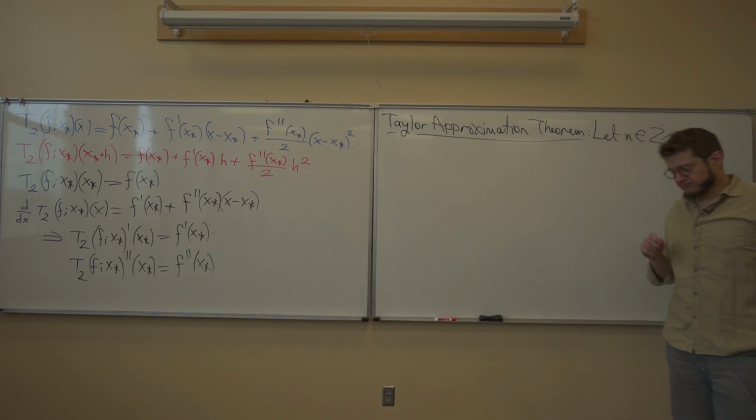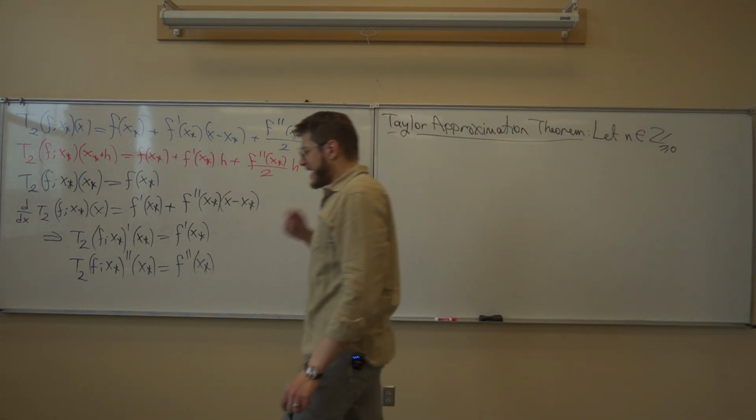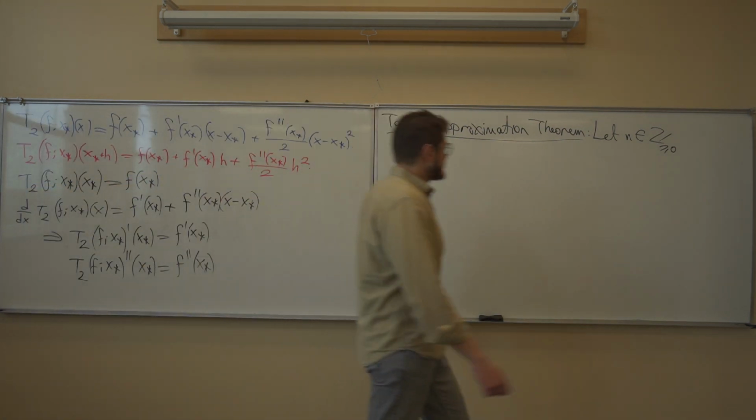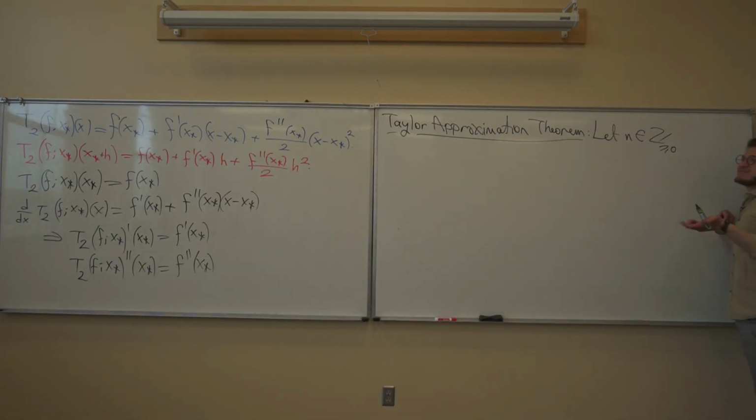Fix an n, non-negative integer, and let f be Cn. N times differentiable with the nth derivative continuous. You actually don't need the nth derivative to be continuous, but Cn is a natural space.